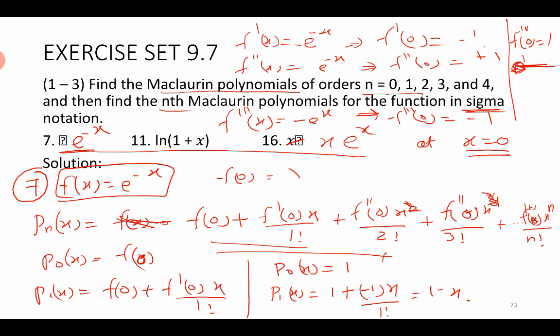Okay, and then what is p2 of x? First three terms: 1 minus x should be written as p1 of x. The third term is the second derivative at 0, which is positive 1, times x square divided by 2 factorial. 2 factorial is 2. So the answer is 1 minus x plus x square over 2.